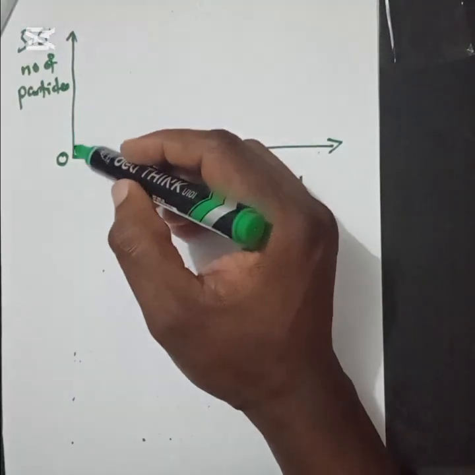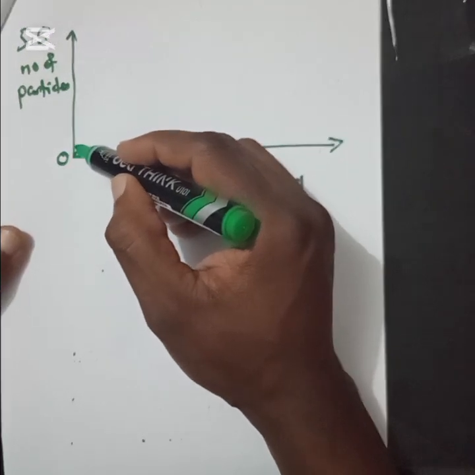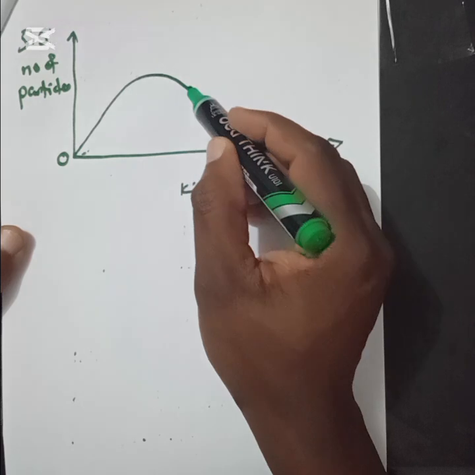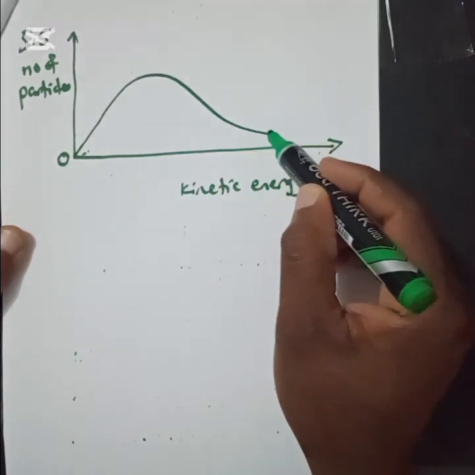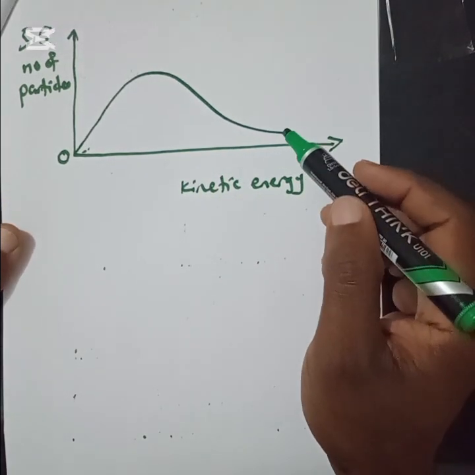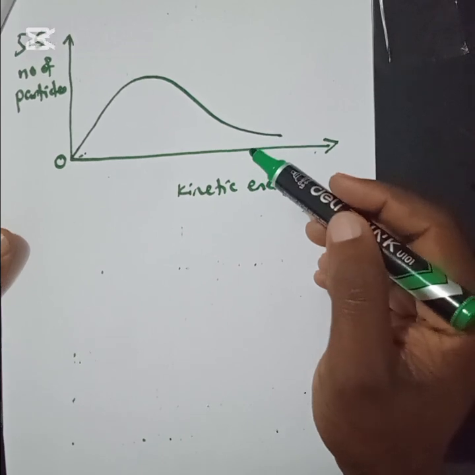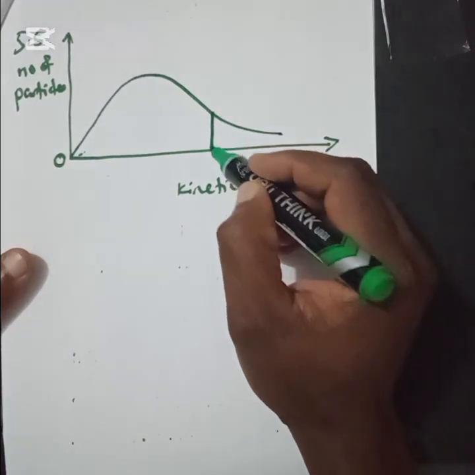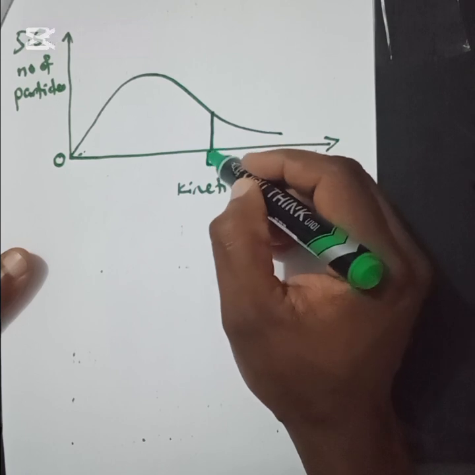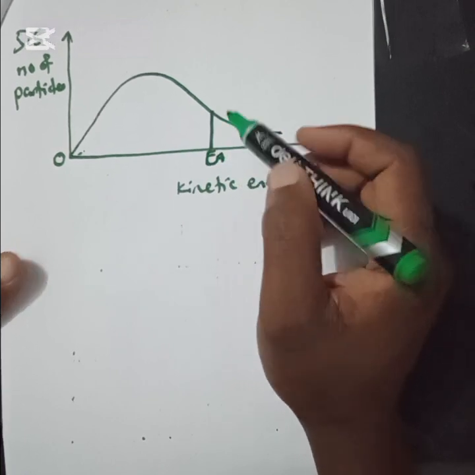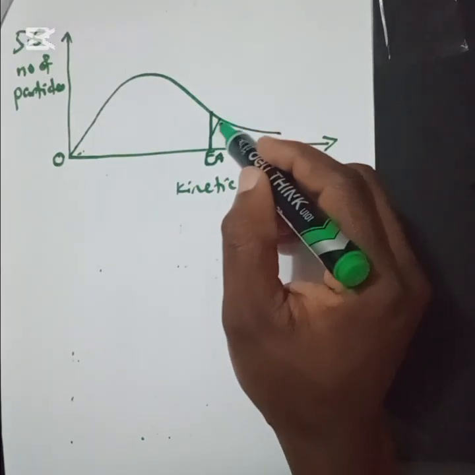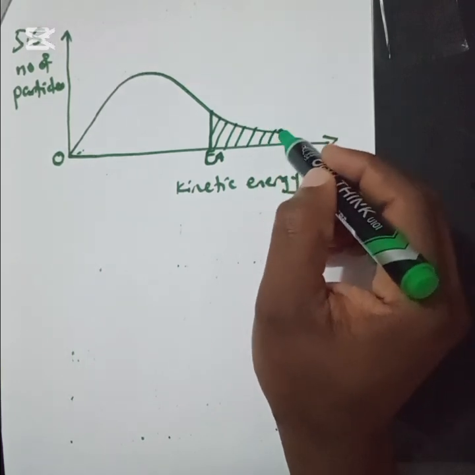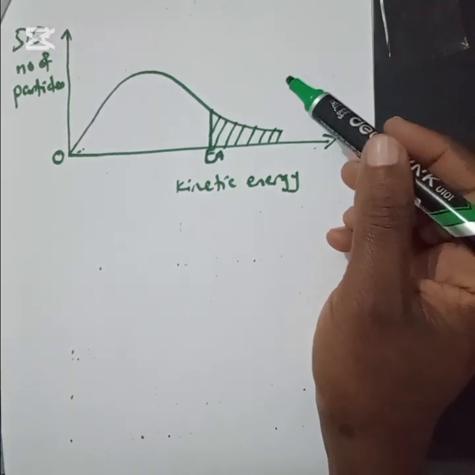So for 20 degrees Celsius, we draw the curve like a normal distribution curve. Then here we have our activation energy, EA. I'm going to shade the region that represents particles with sufficient kinetic energy.